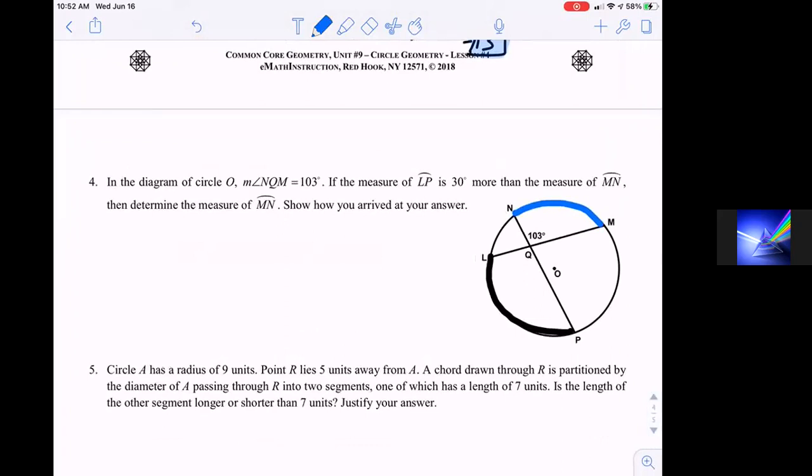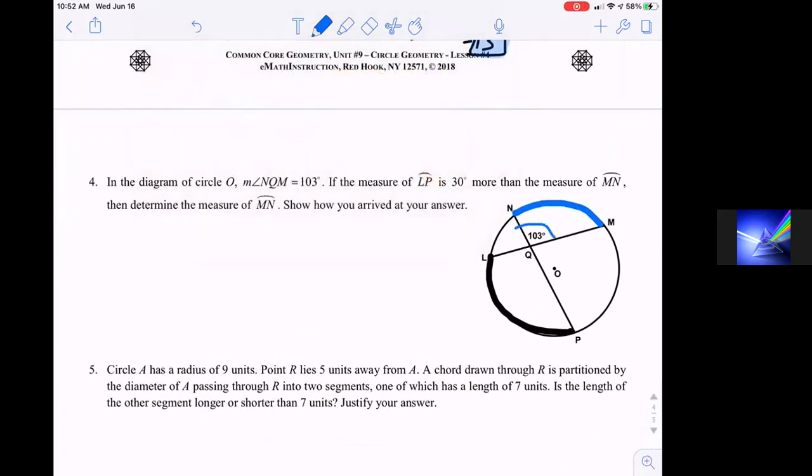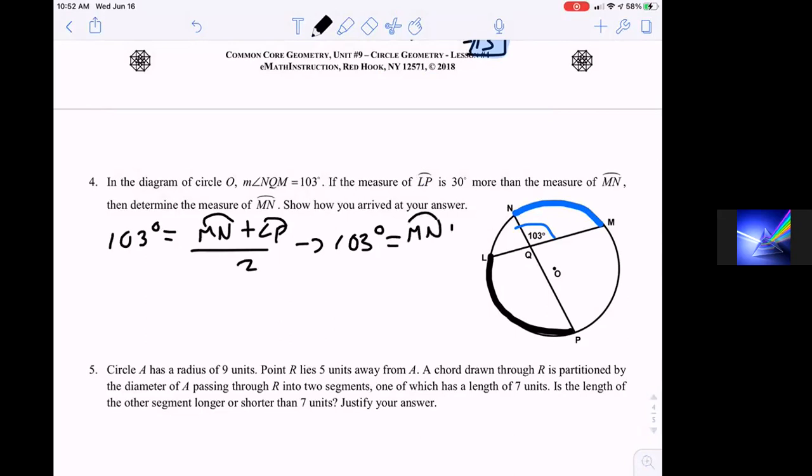Okay, so here's what we need to know. We need to know that this interior angle 103 is equal to both of the intersecting arcs added together divided by 2. So it's MN plus LP divided by 2. And we already know what LP is: it was 30 more.